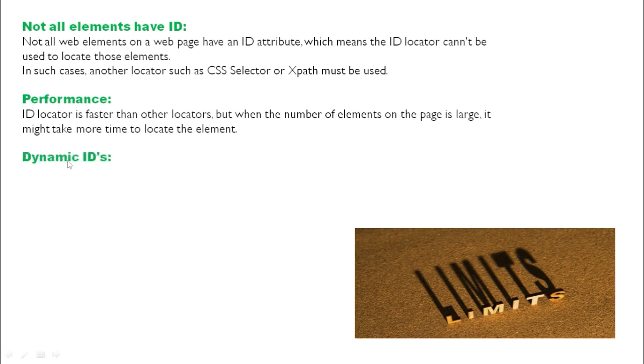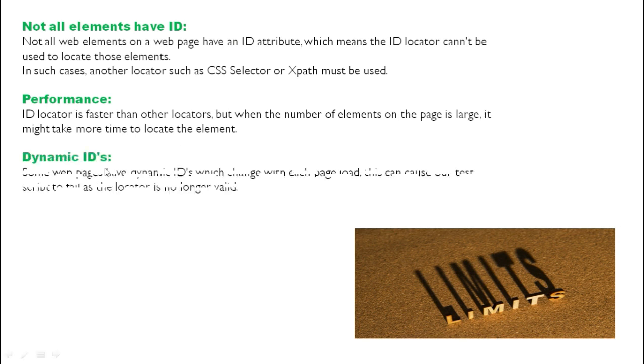Now this is very important: dynamic IDs. Some web pages have dynamic IDs which change with each page load, and this can cause our test script to fail as the locator is no longer valid. We will see it in the demo also, but just try to understand.